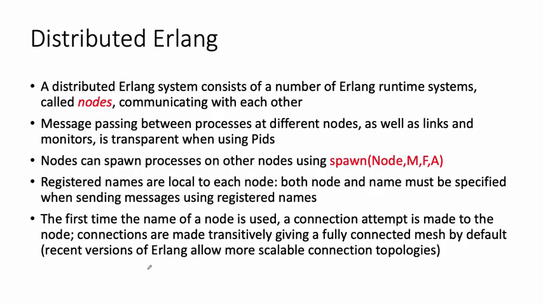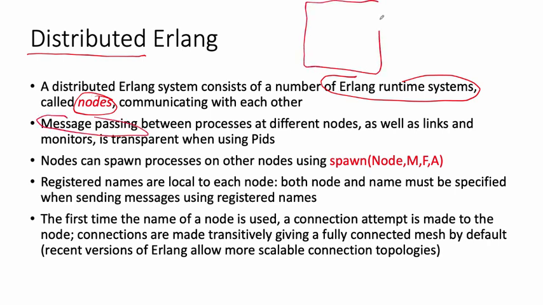Now let me mention a little bit how we have a distributed Erlang system. So far the Erlang system runs on one machine. But we can have an Erlang system running on many machines. We can have many Erlang runtime systems, each one running on a different computer. They are called nodes, and they communicate with each other. You use message passing between the nodes as well.